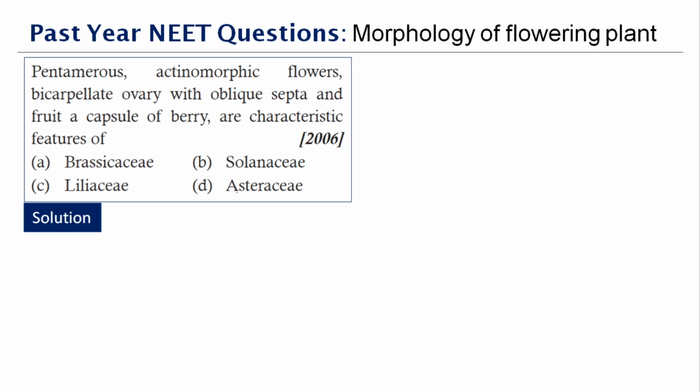Brassicaceae is dimerous. Liliaceae is trimerous. Therefore, the answer is Solanaceae, which goes well with the statement mentioned in the question.